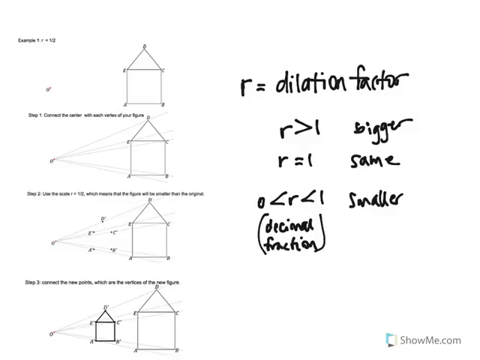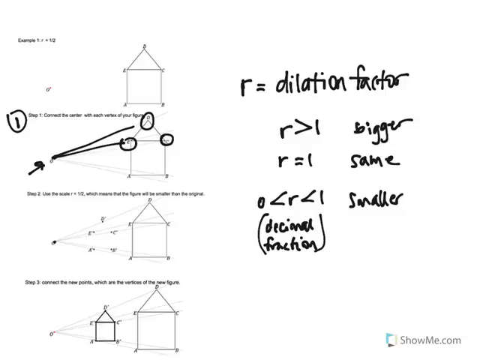So over here we are walking you through an example. First, we're going to connect the center with each vertex of your figure. So we have a line going from the center to each vertex. Step 2, use the scale r equals 1/2, which means that the figure will be smaller than the original.